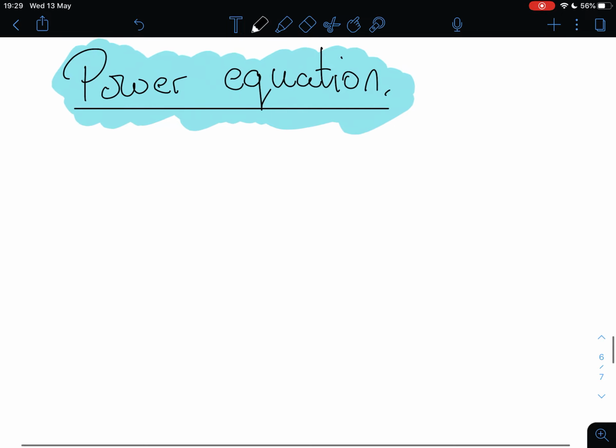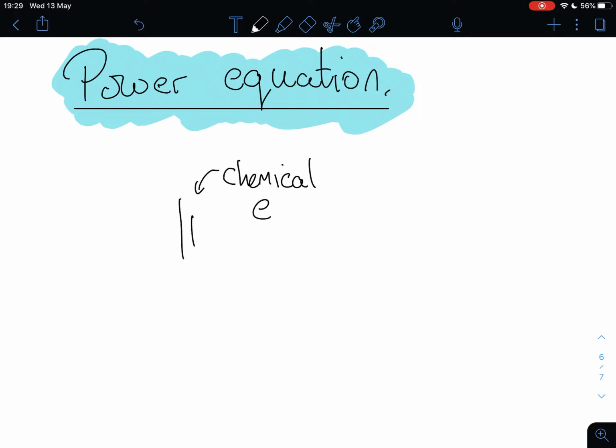Let's take a cell, a battery. Inside it is energy. You'll be thinking, yes, Mr. White, it's chemical energy.